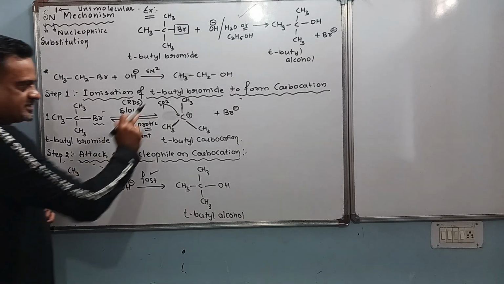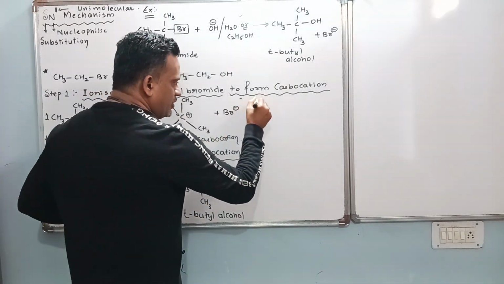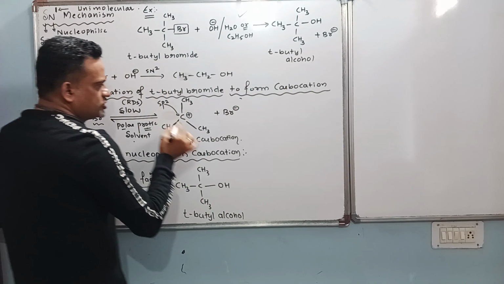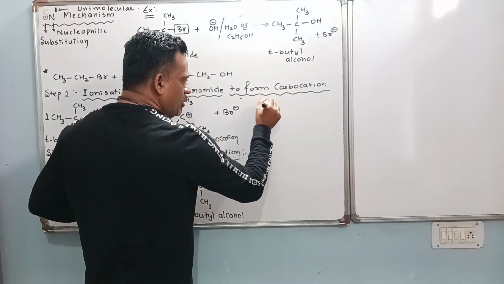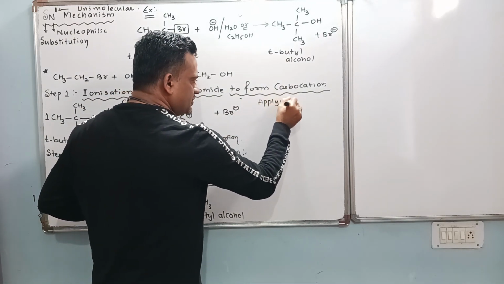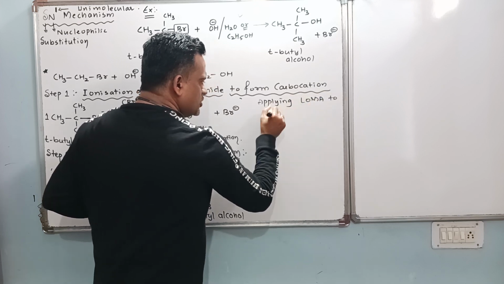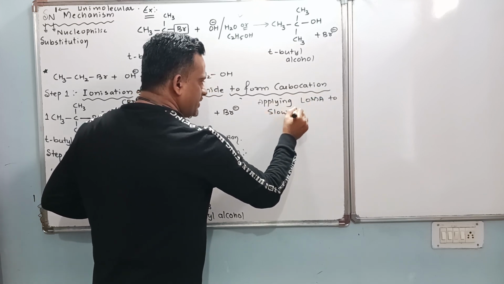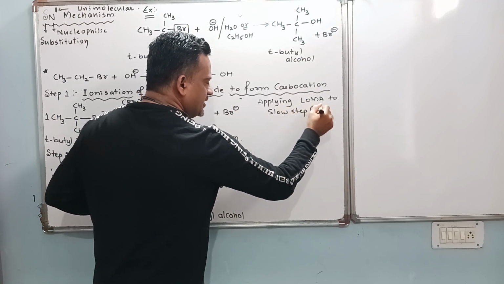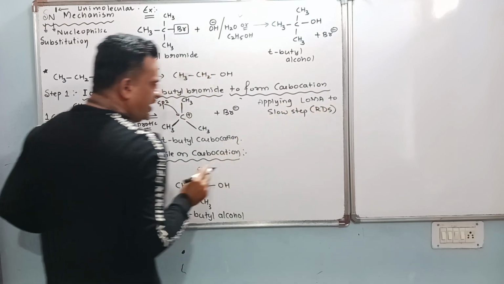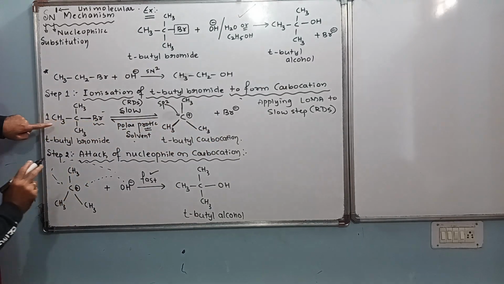So therefore, since the first step is the slow step, we are going to apply the law of mass action to the slow step. The slow step is the rate determining step. In that rate determining step, how many reactants are there?